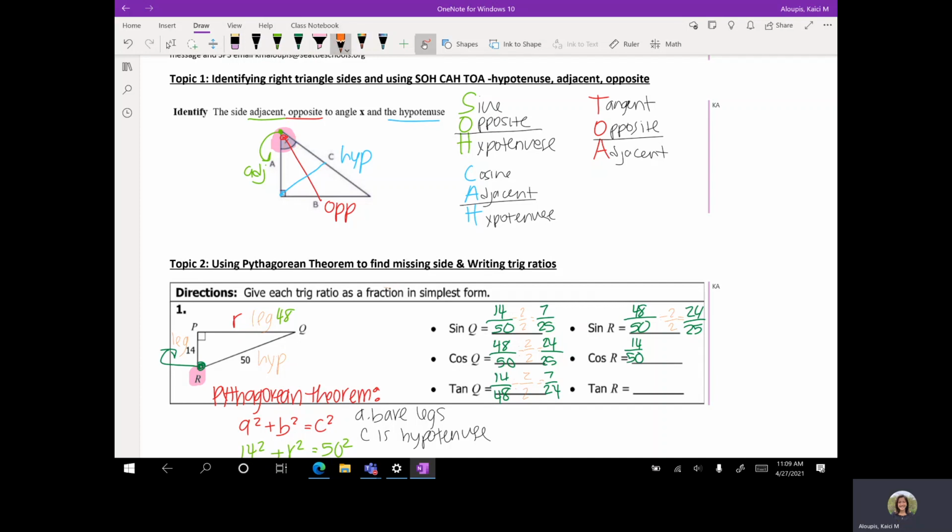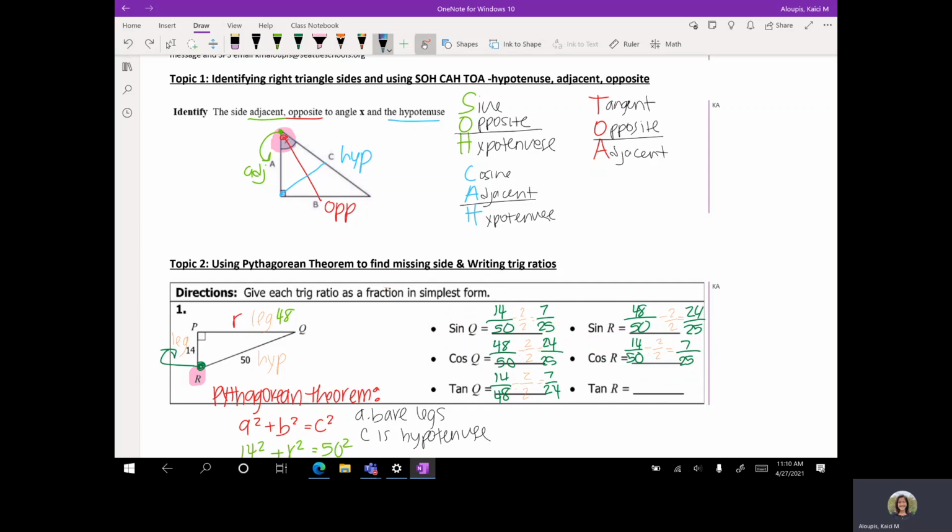And again, we're going to reduce our term, divide by 2. And that's going to be equal to 7 over 25. And it checked out. This ratio, 7 over 25 for the cosine of angle R, is the same ratio as the sine of angle Q.